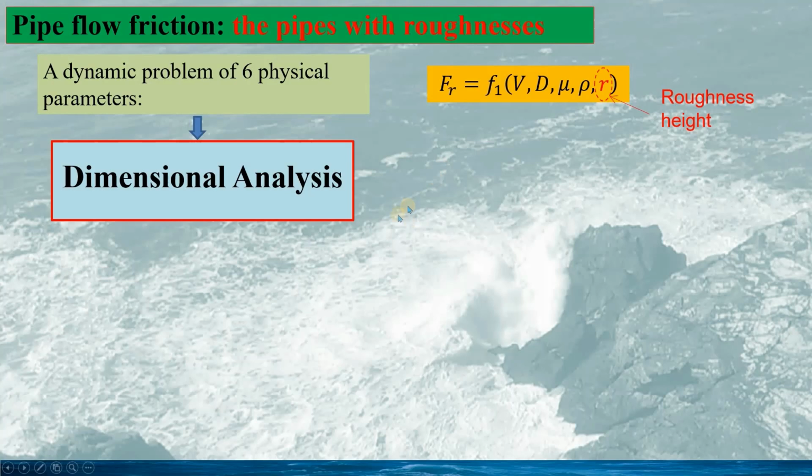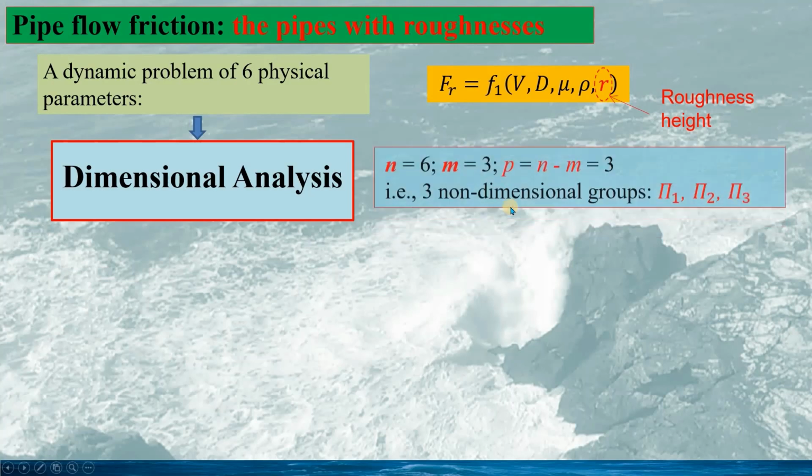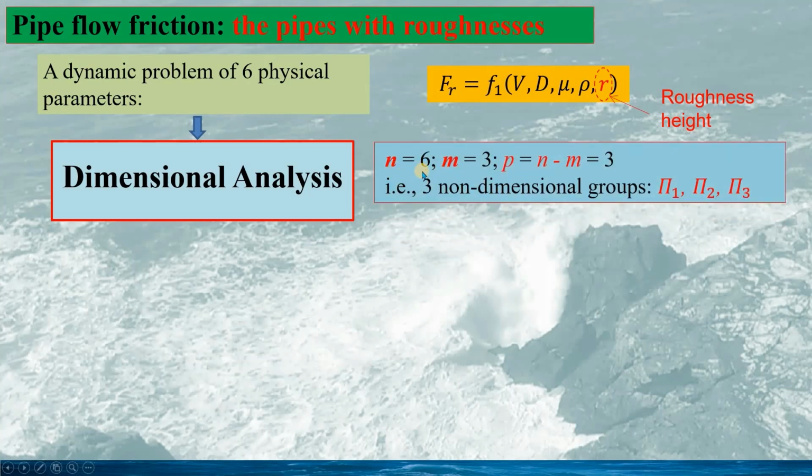And using the dimensional analysis, we can see N would be 6, and M, the number of base units, would be 3, same as before, because the roughness height has a unit of meter. Thus, the base units are not changing.